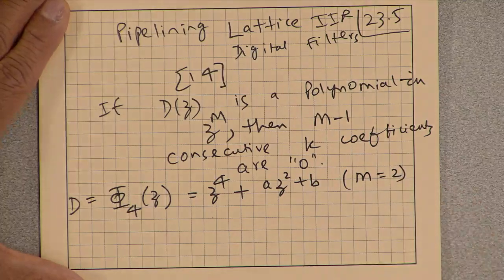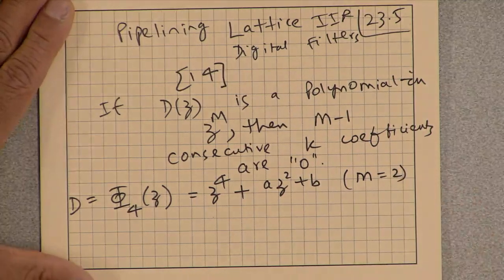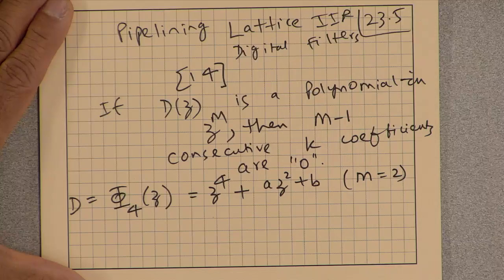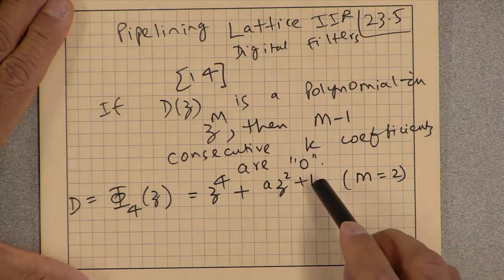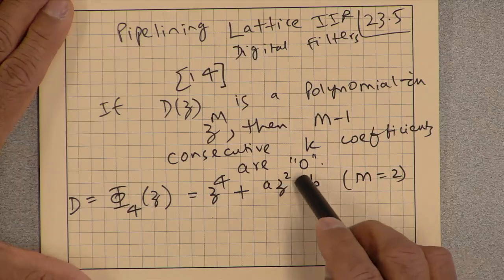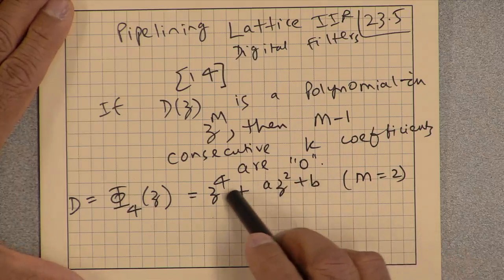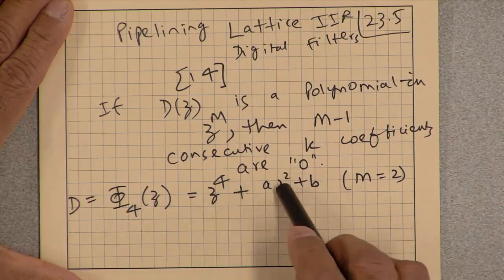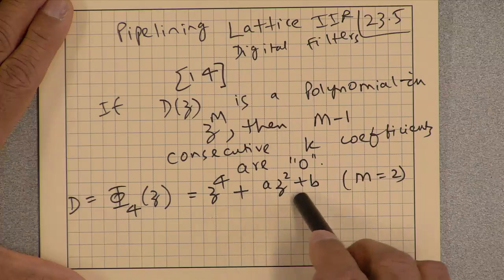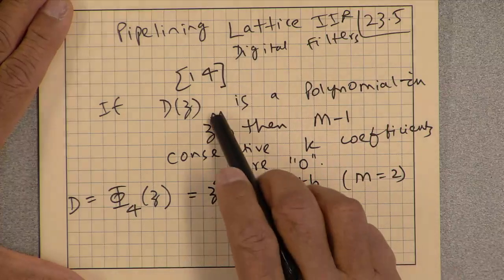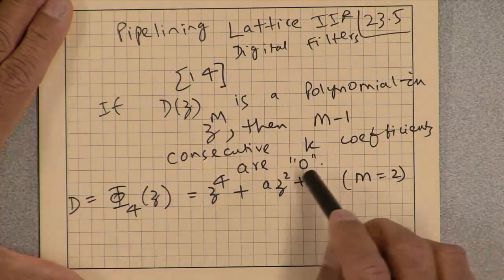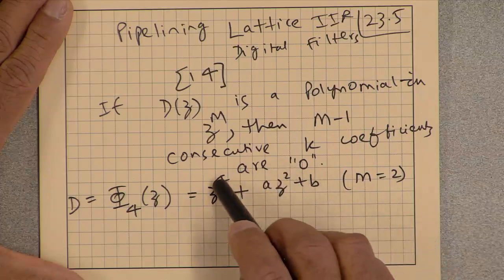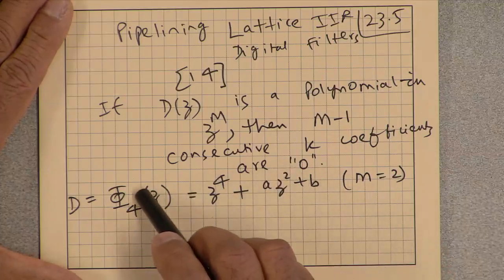A standard polynomial in z would be some constant plus something times z plus something times z squared plus something times z cube, etc. Here the alternate coefficients are 0, and that means it's a polynomial in z to the power m, or z squared. So everything here is z squared, z squared squared, z squared cube, z squared to power 4, and so on.